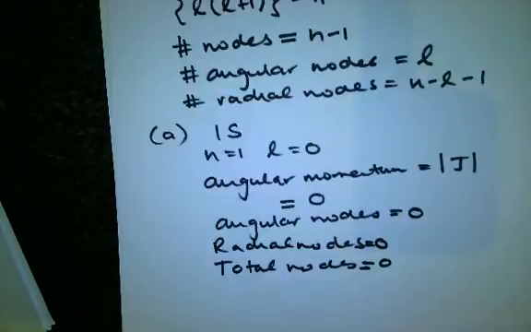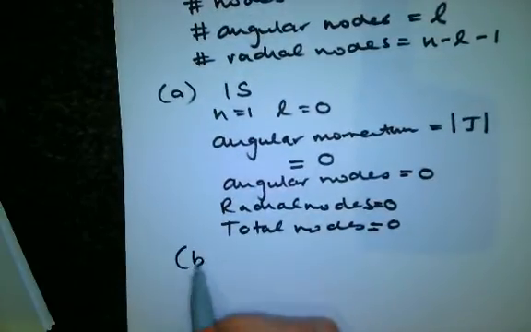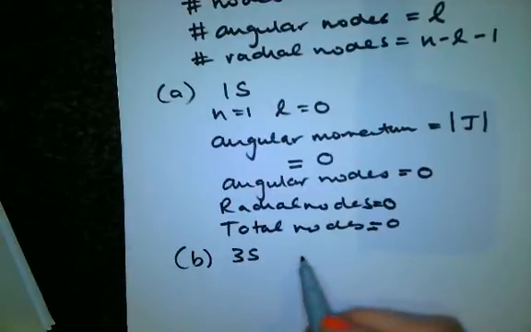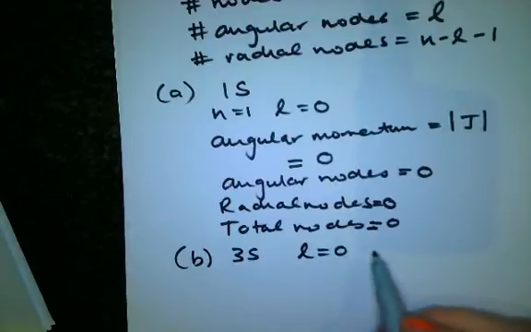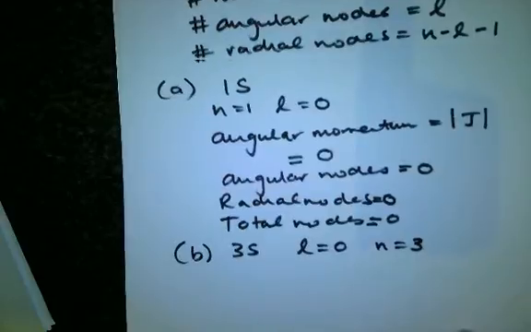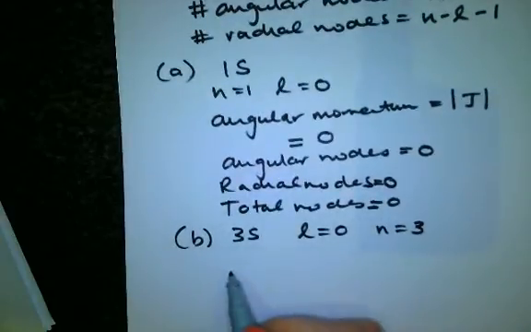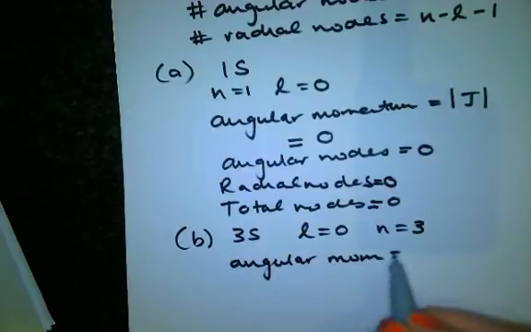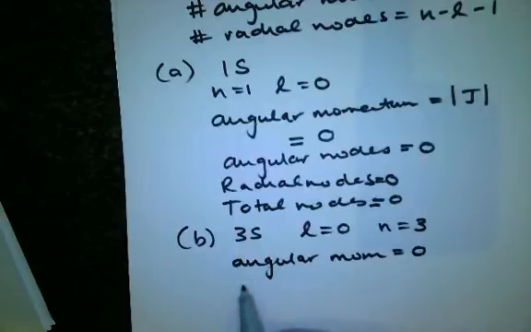For a 3s electron, L is 0, n is equal to 3. So the angular momentum is again 0. The total number of nodes is 2.